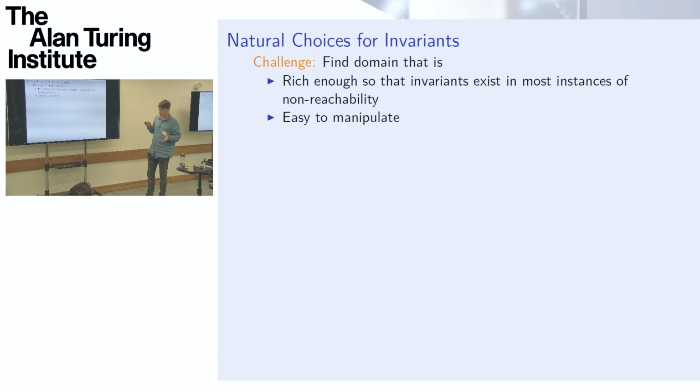So we want a class that's rich enough so that invariants exist in cases of non-reachability, so when y is out of the orbit. But at the same time, we want an invariant that's easy to manipulate for our applications. And also, we could want the set of invariants to be such that it's easy to check invariants. That's a reasonable thing to ask.